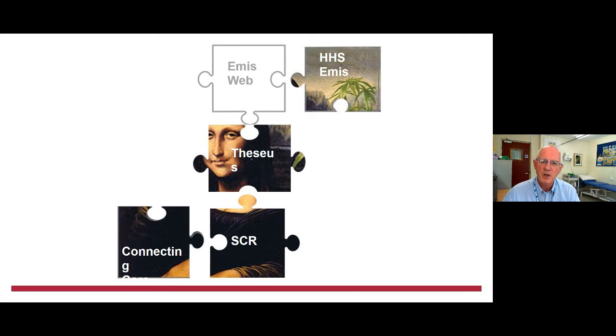And Theseus is the local system in Bristol, which gets all the substance misuse information into one place and sends reports to the Home Office from the system and is used by shared care workers in practices.